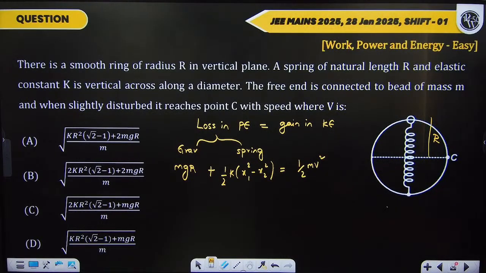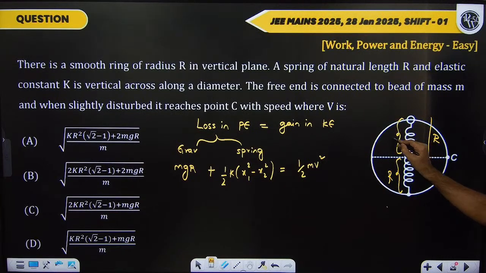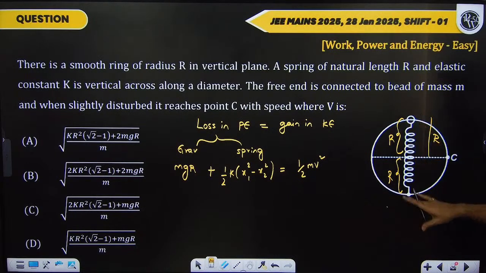What is initial elongation? Its natural length is r. Initially, it is elongated by r. Initial length was 2r, whereas final length is how much? Finally, the spring is here. Length is root 2 r.